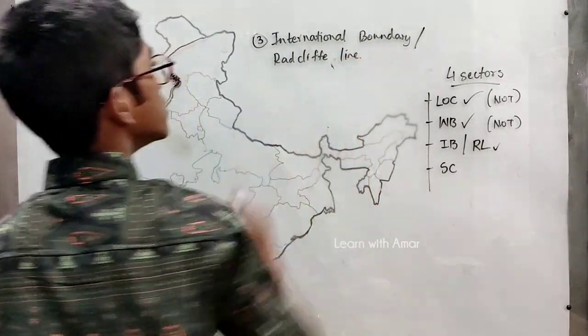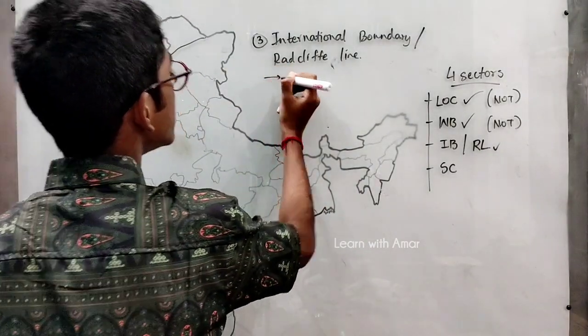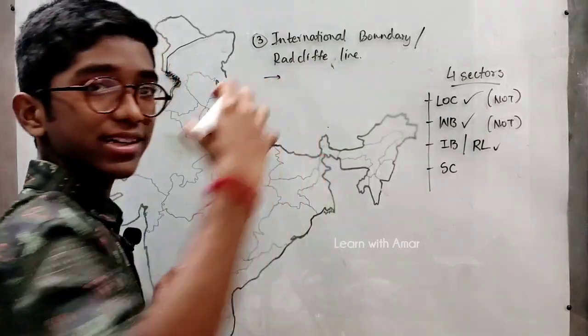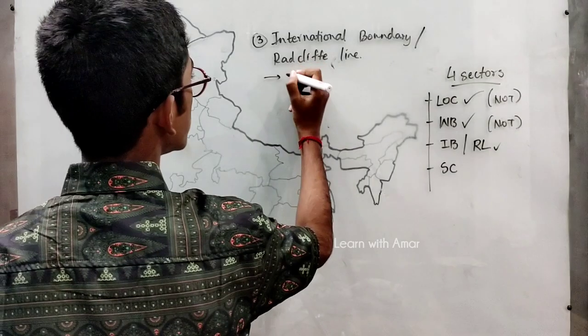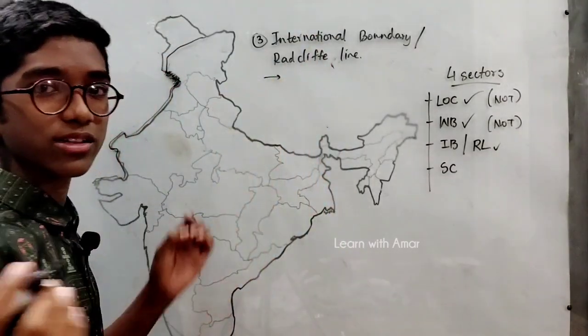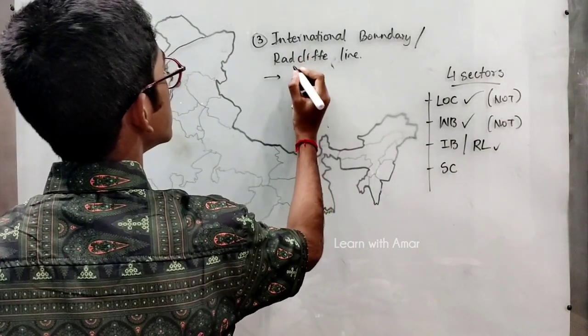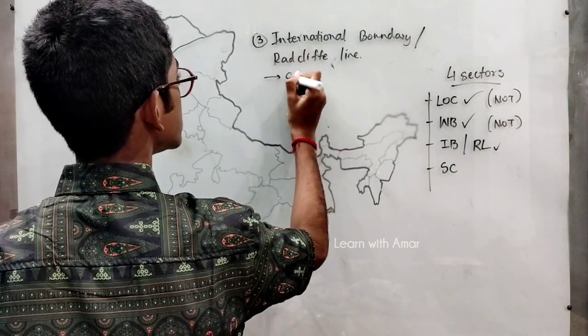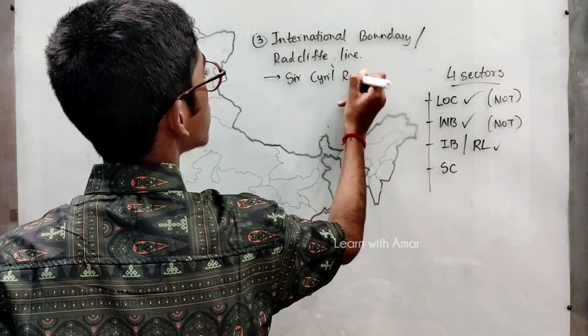So why do we call this Ratcliffe line? This line was named after the creator of this line, or the one who demarcated this line during the British time, during the Indian partition, to be precise. So Ratcliffe was named after Sir Cyril Ratcliffe, who demarcated this line.